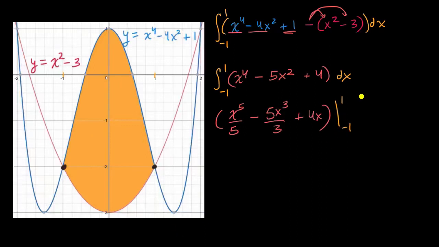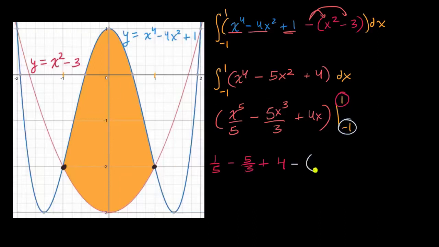So let's first evaluate it at 1. We're going to get 1/5 minus 5/3 plus 4. And now let us evaluate it at -1.